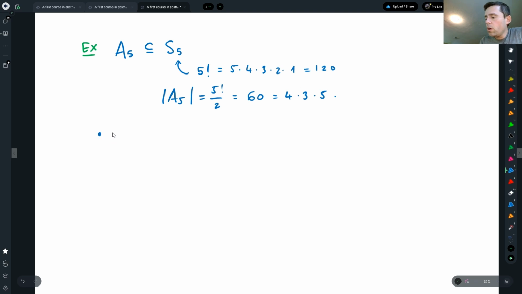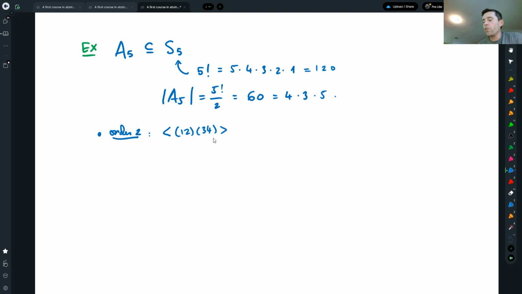So for example, I want a subgroup of order 2. I can't pick just, for example, this, because that element is not in the alternating group. So I need something else of order 2, but I can take, for example, (1 2)(3 4).